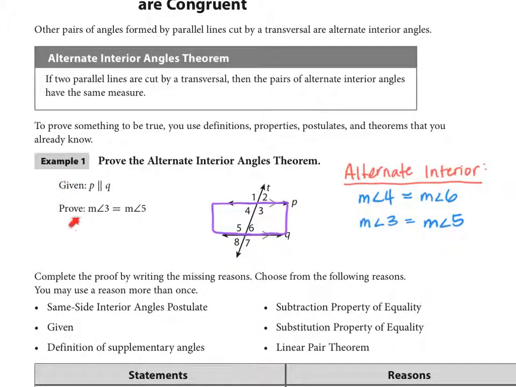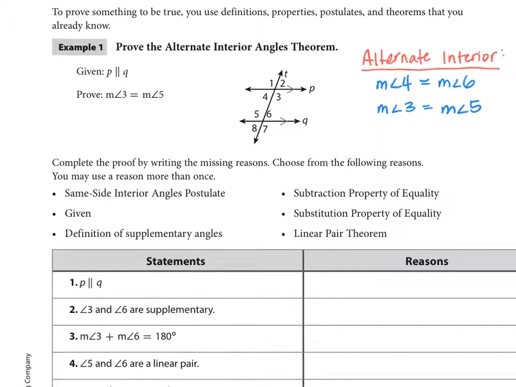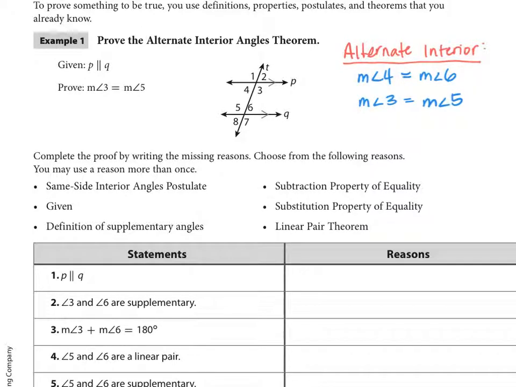In our setup of the proof, we're given that the two lines are parallel. We want to prove that the measures of the alternate interior angles, angle 3 and angle 5, are equal. So we have the picture, our given, and where we want to end up.